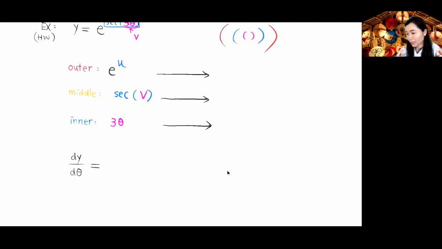Okay, so the derivative of this function. Remember, this is the differential operator, which means differentiate this function with respect to u. Differentiate that with respect to u, what do we get? E to the u.